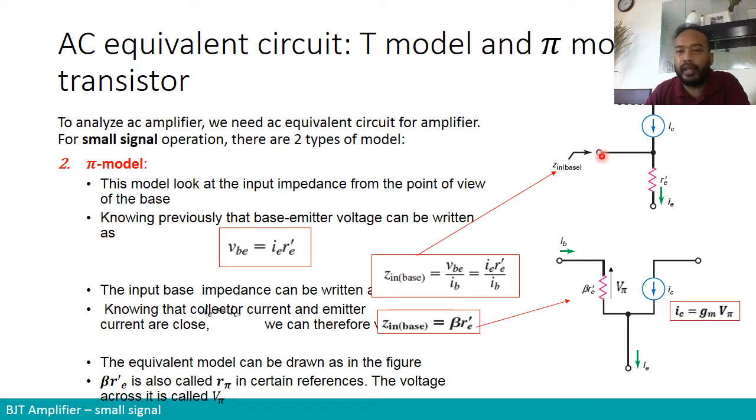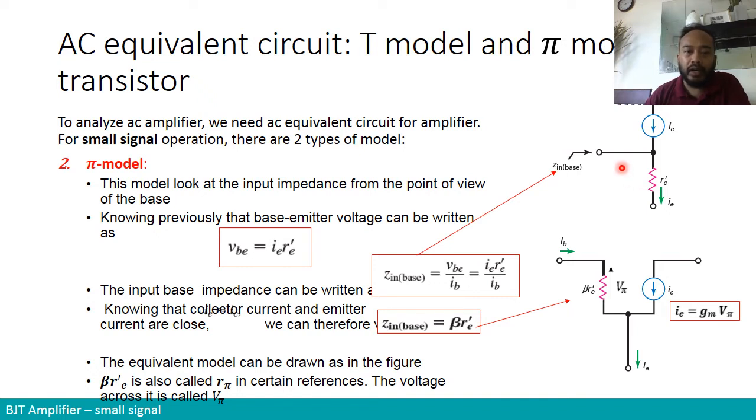For example, in the T model just now for the BJT, we create an equivalent resistor just for the emitter. But here we are going to create an equivalent impedance when we look at the transistor as a whole. So we view, for example, from this point, from the base, we deduce the whole equivalent resistor for the whole BJT.